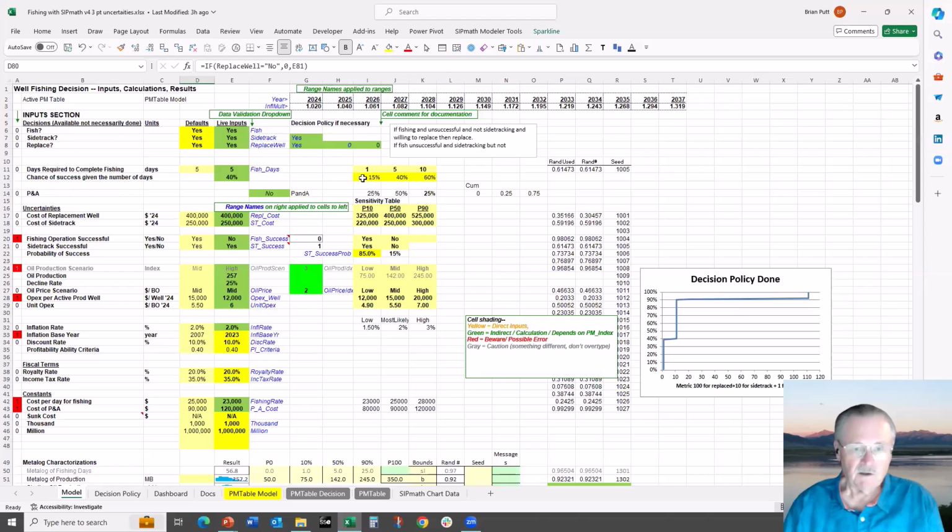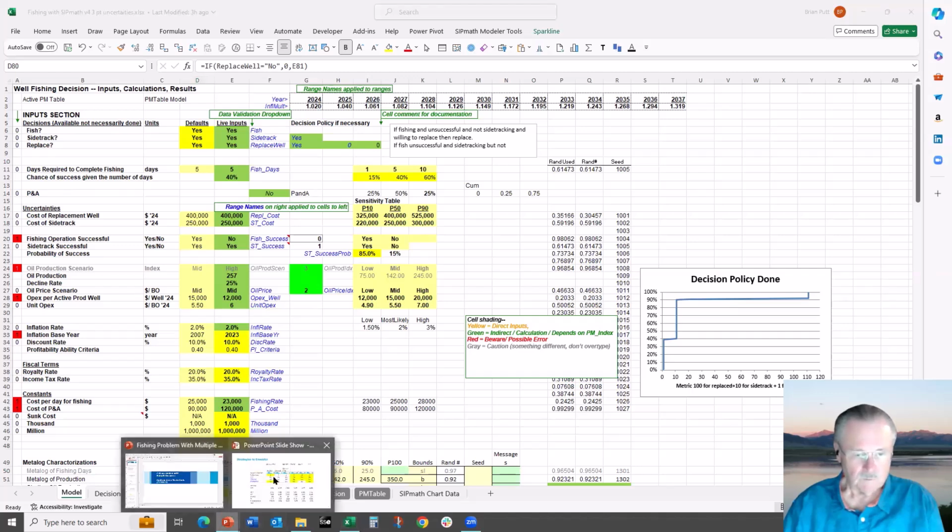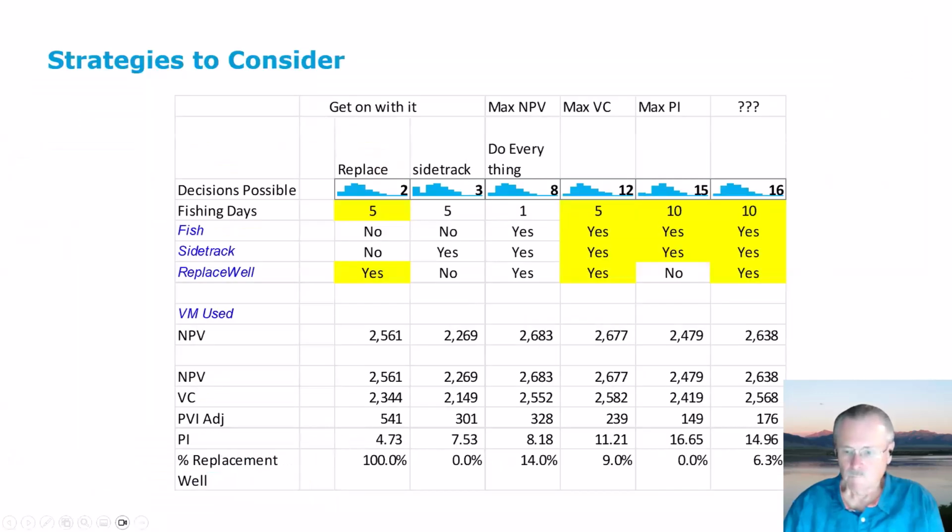Chance of success, 15, 40, or 60. So by drilling an extra 5 days, I increase my probability. I have a 50% increase in my probability of being successful. So that's what's dropping my capital over here on this chart. The 176. 6.3% chance of drilling a replacement well versus 9.